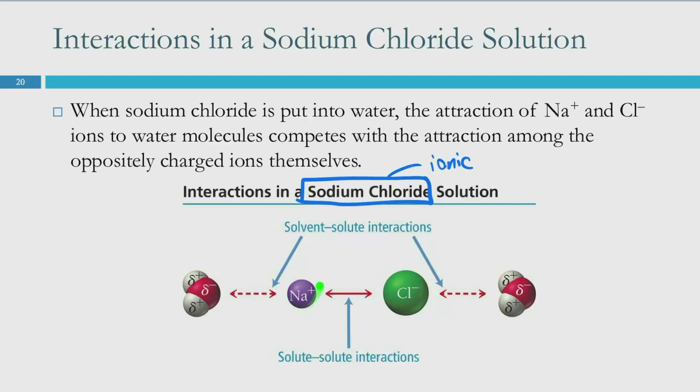So for the sodium, which is positively charged, the oxygen comes along, latches on, and then because there's so many other water molecules around and they're jittering and moving, it rips that sodium off, and then more water molecules come in and fill its place. And the chloride side, it's the hydrogen side of the water molecules, and those get pulled off and separated.